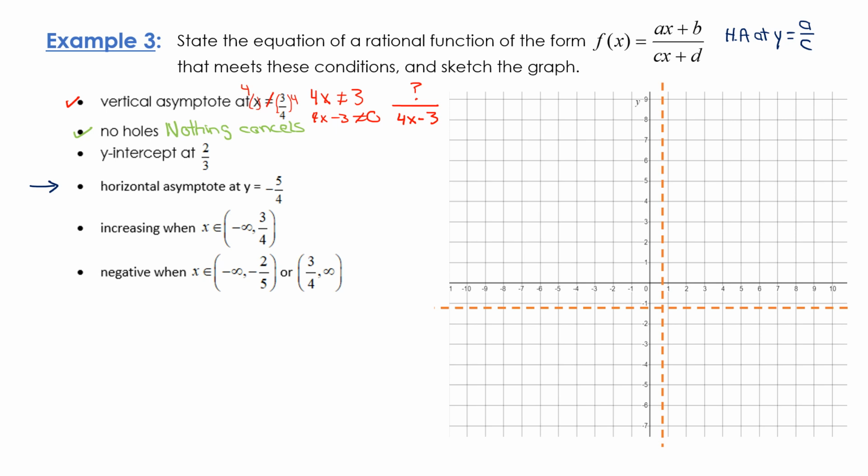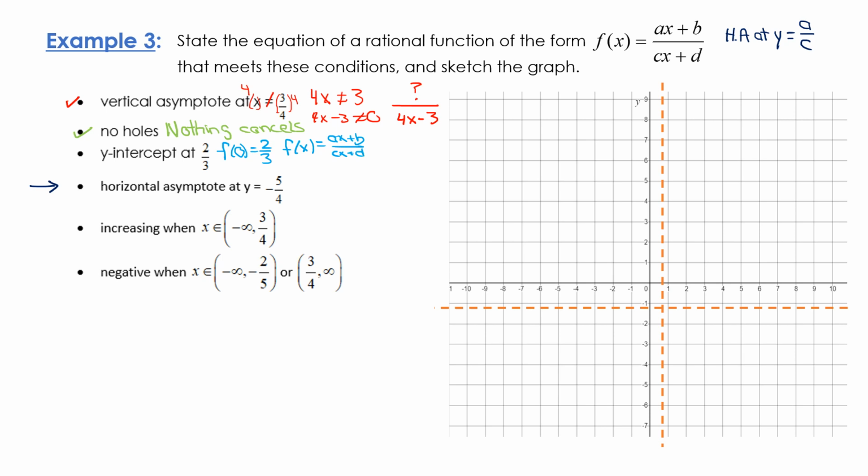Y-intercept at 2/3. Okay, let's go to blue here. Y-intercept at 2/3 means f at 0 has to equal 2/3. If I go up to the original format, f at x equals (ax plus b) over (cx plus d).